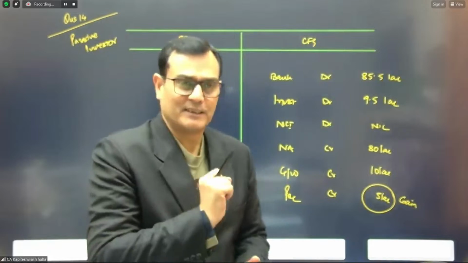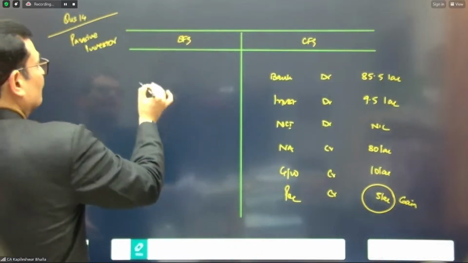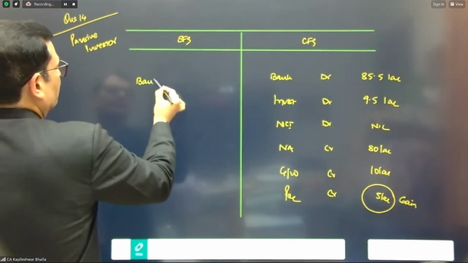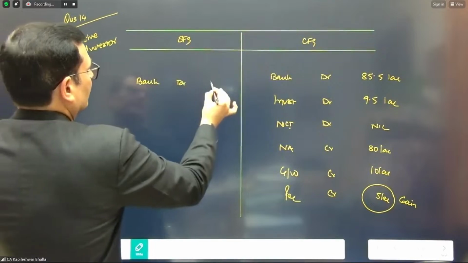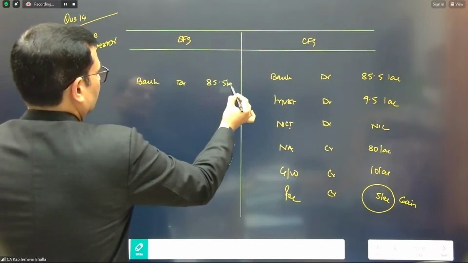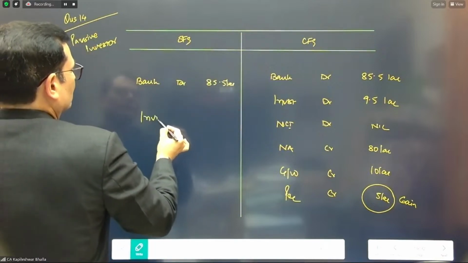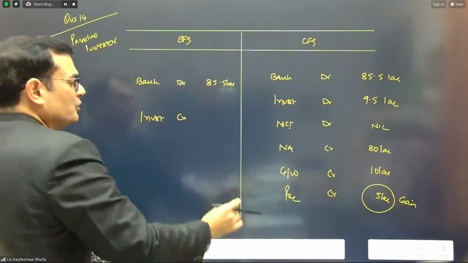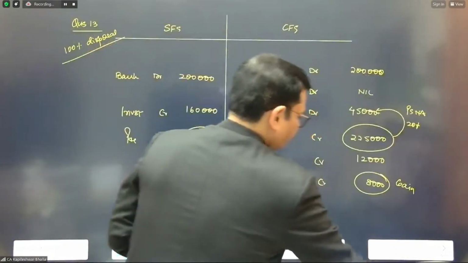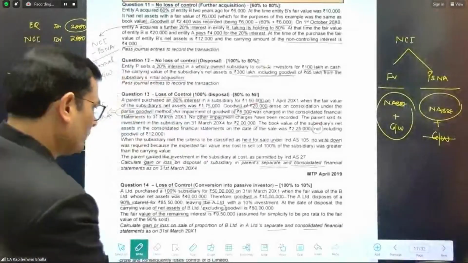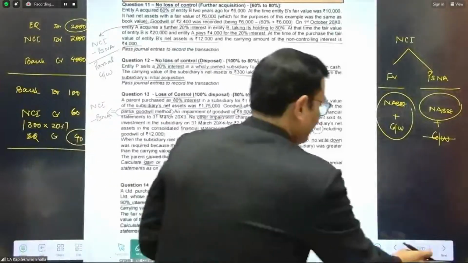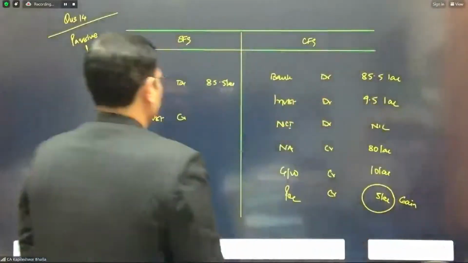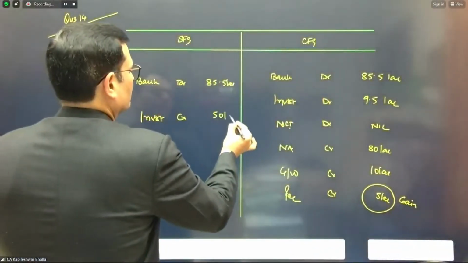Now, if you look at the status in terms of the separate financials, the bank gets a debit at the sale proceeds. The investments will get a credit to the extent of the original cost of acquisition. The investment was purchased at 50 lakhs initially, so this would appear at the original cost.